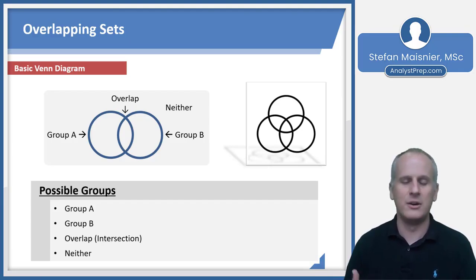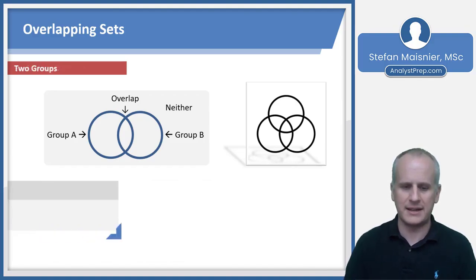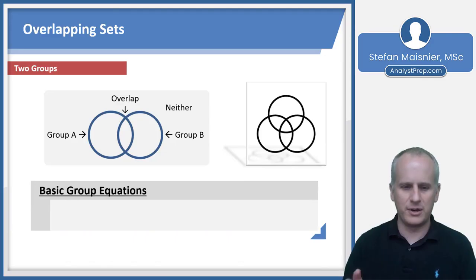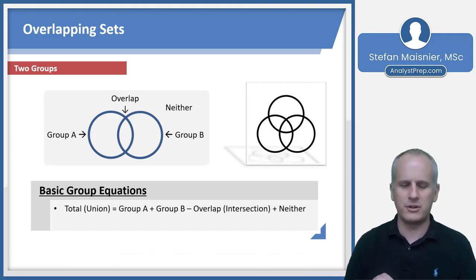But understanding how the groups work will help us work through what is known as the group equation for overlapping sets. So our basic group equation for two groups is going to basically take advantage of what we just defined in the Venn diagram. We know that our total number of people, what is known as the union, is equal to those in group A plus those in group B minus those that are in the overlap, which is known as the intersection technically, plus those that are in neither of the two groups.